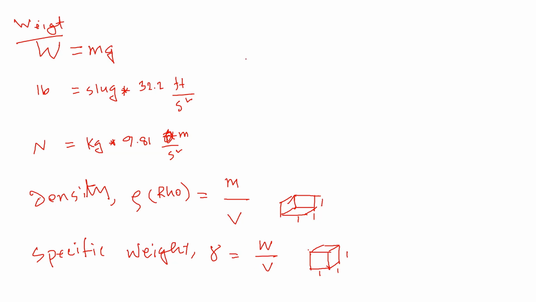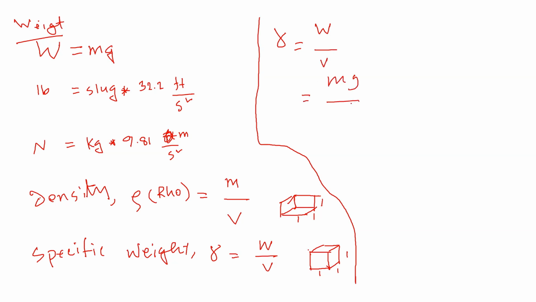So we can go a little bit of extension of that. So gamma is W by V. So we can write mg is W, so W by V, and then m by V we can separate, and g, like that. So we can write gamma equals rho g.